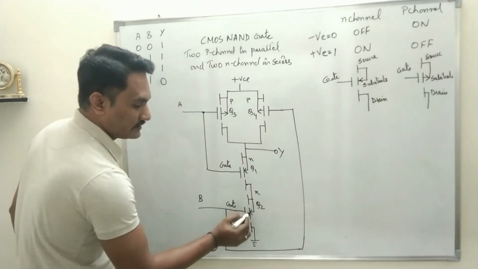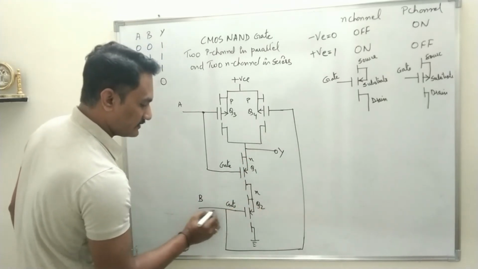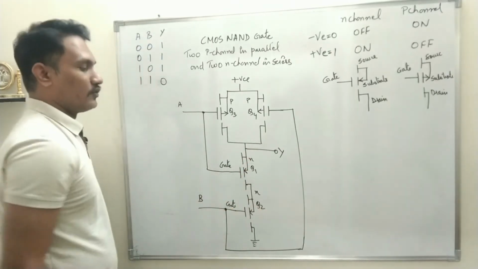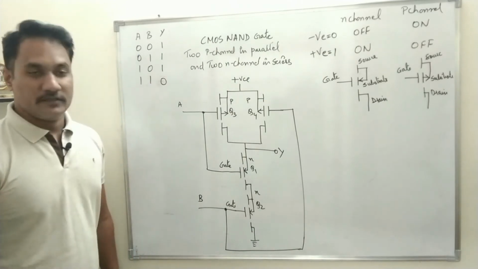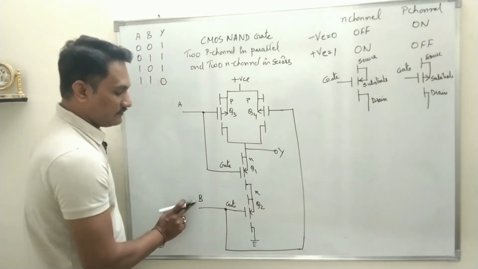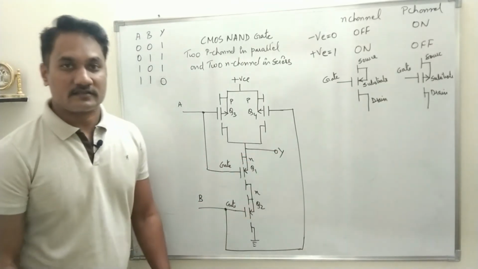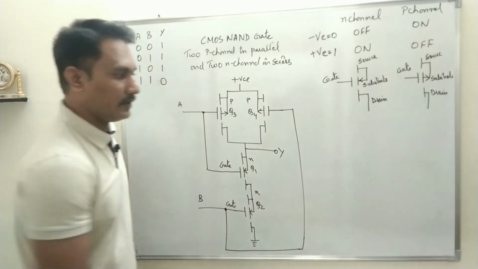Q2 is N channel, Q4 is P channel. So one P channel and one N channel are connected together, and one more terminal is taken out, the terminal B. Whatever the condition we apply at A and B, accordingly the output will change. Let us try to understand using a truth table.